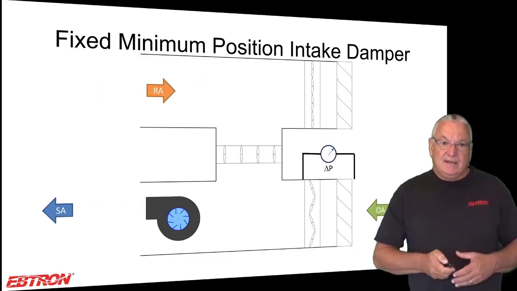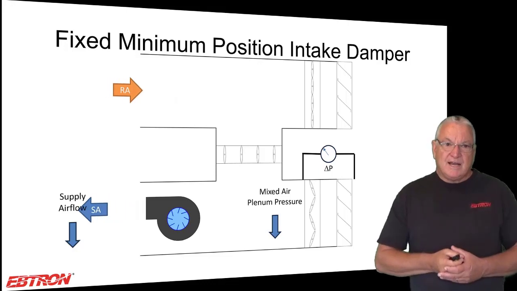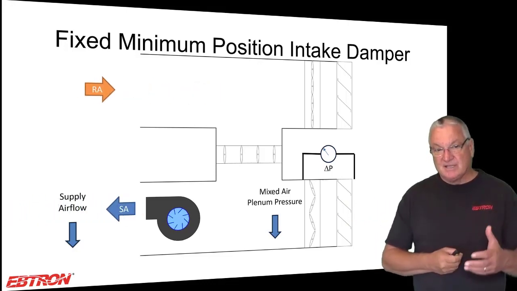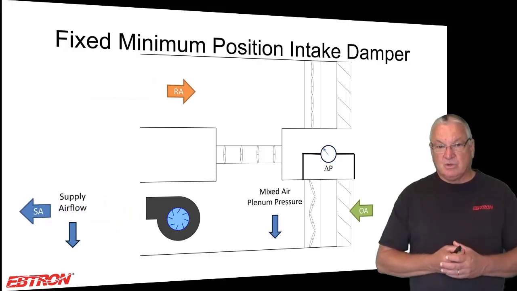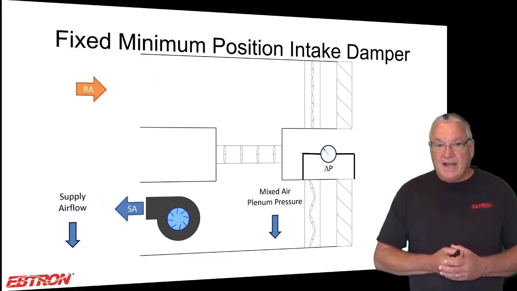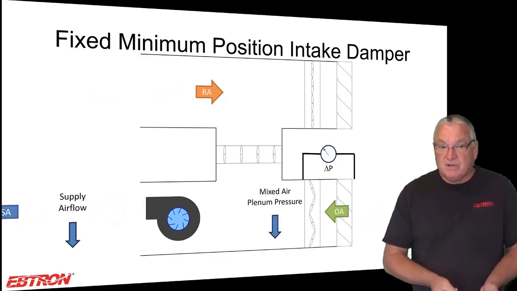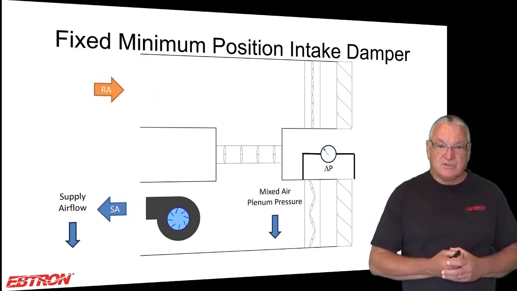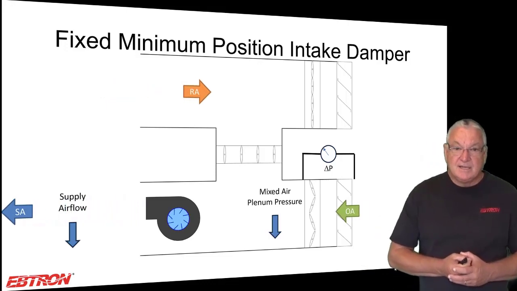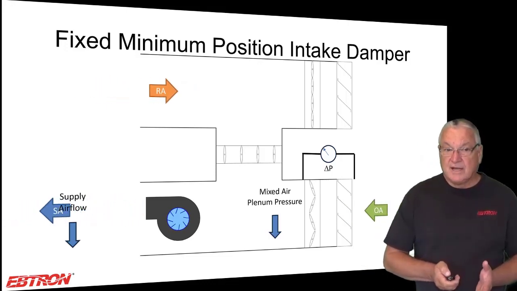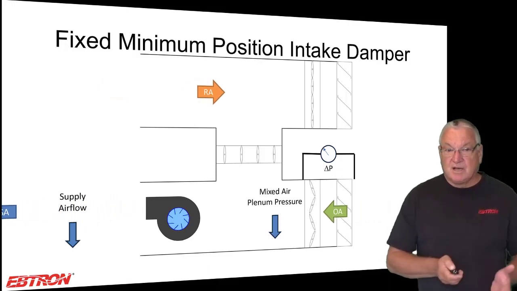And if we reduce the supply airflow volume, the mixed air plenum pressure will drop with it, and the airflow will reduce because it's a fixed orifice and the pressure dropped. It ends up that relationship is linear. It's proportional to the supply airflow rate.